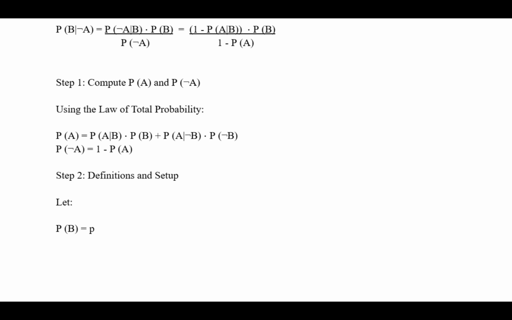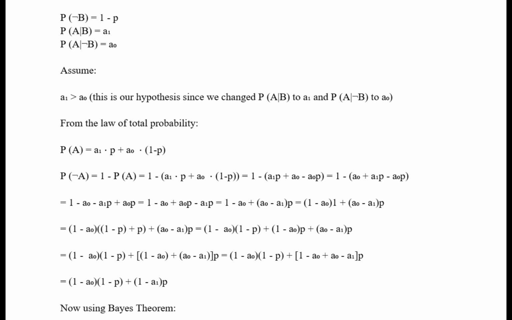So using the law of total probability, I know that the probability of A is going to be equal to the probability of A given B times the probability of B plus the probability of A given not B times the probability of not B. The probability of not A is going to equal 1 minus the probability of A. So for some definitions and setup, we're going to let the probability of B equal P, the probability of not B equal 1 minus P, the probability of A given B equals A1, and the probability of A given not B equals A0.